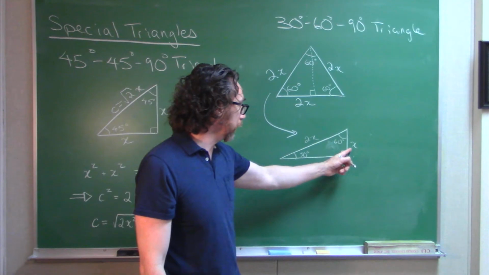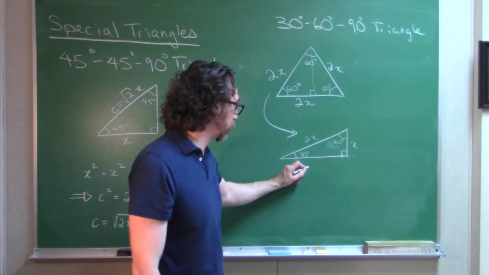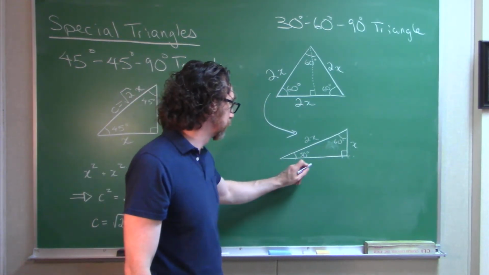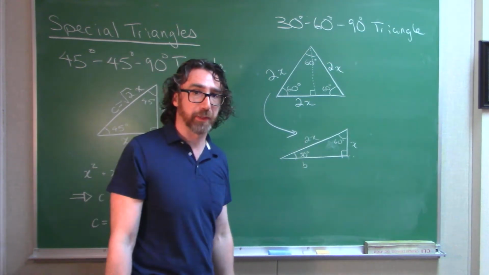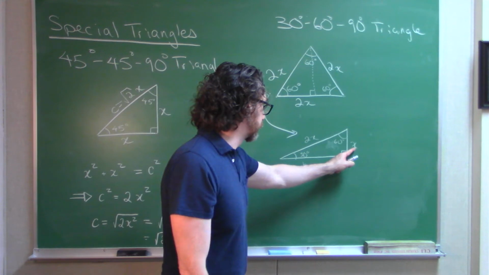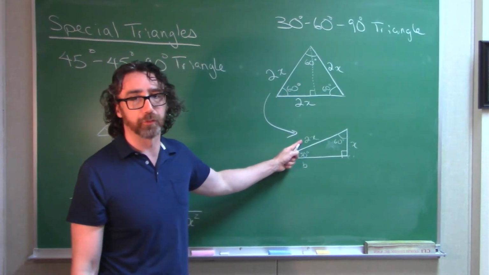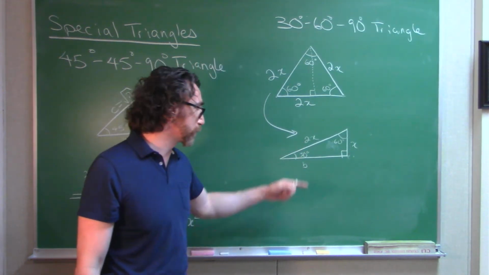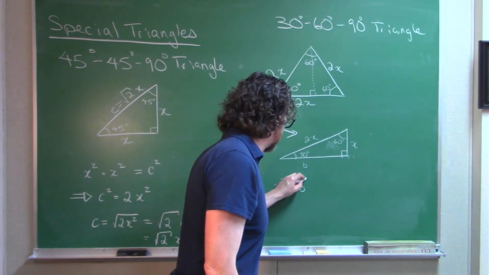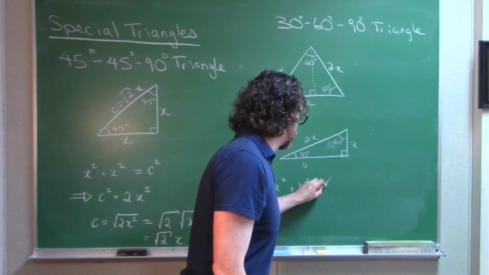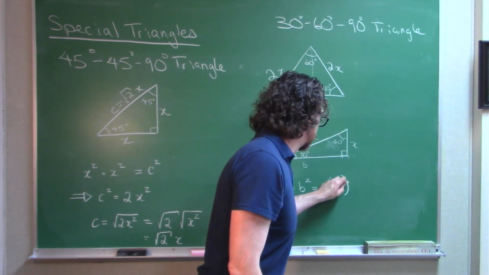So that's x. Now the question is, what is this? Let's call that b for right now. Well, we've got the Pythagorean theorem, so we know that this squared plus this squared is equal to the square of the length of the hypotenuse. So x squared plus b squared equals (2x) squared.